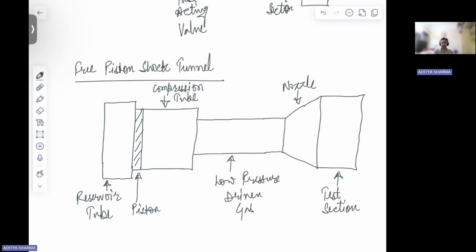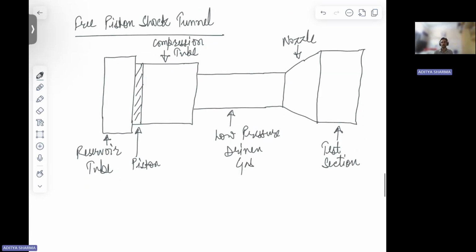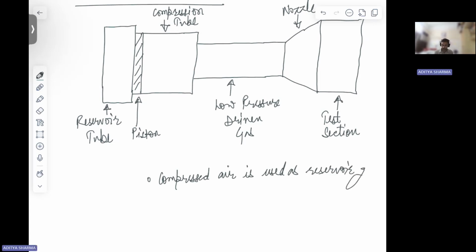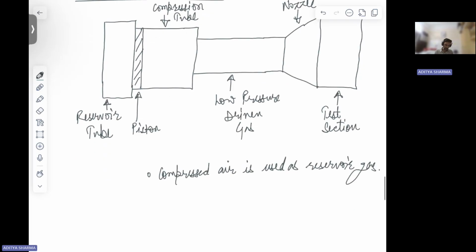Now, how does this work? So you have a reservoir tube, okay, where you'll be having compressed air. Your compressed air is used as reservoir gas. So this compressed air is going to push your piston, okay.